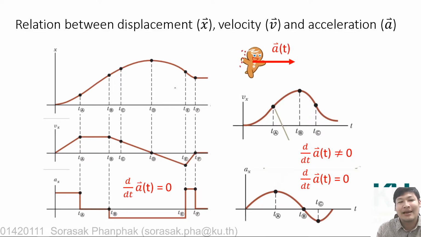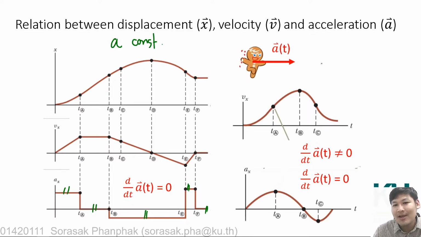As you see now, in the first three figures, the acceleration is constant. So what you can see, in any period, the acceleration differentiated with respect to time is equal to 0. Does it mean there's no change of the acceleration, which is constant?